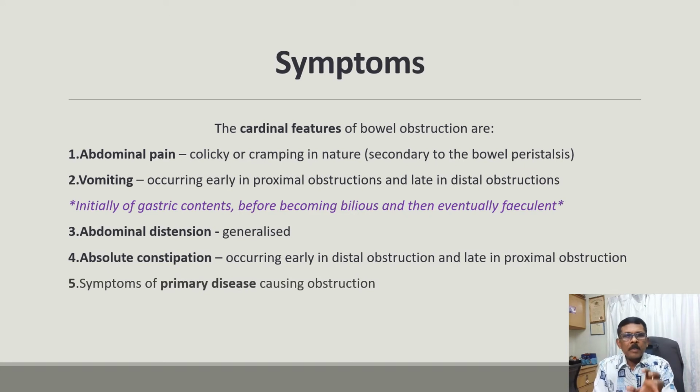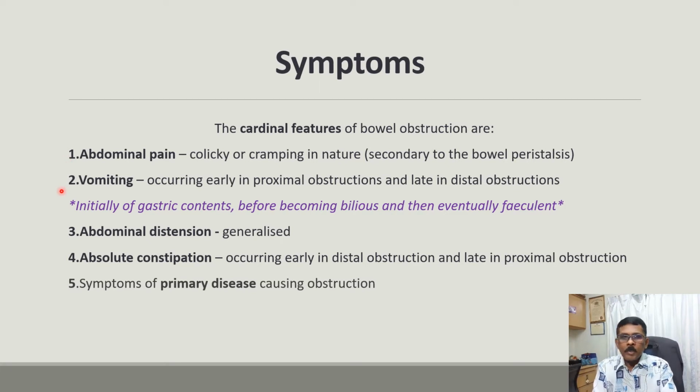Okay, now what are the symptoms of intestinal obstruction? The cardinal symptoms of intestinal obstruction will be abdominal pain. Okay, most important. And this pain is colicky and cramping in nature, which is secondary to the active bowel peristalsis against an obstructing lesion.